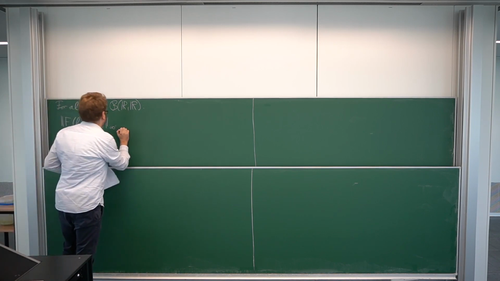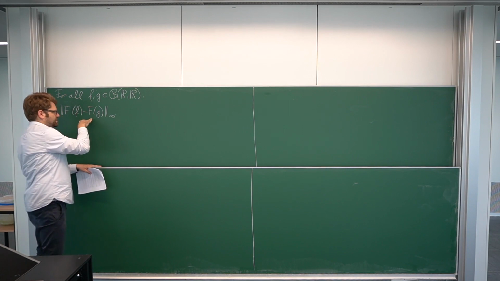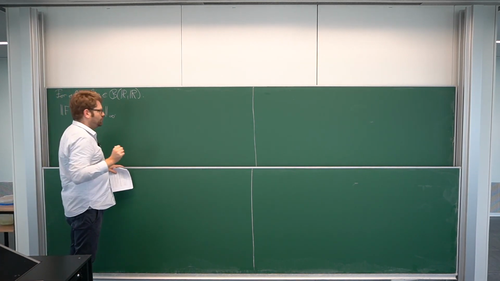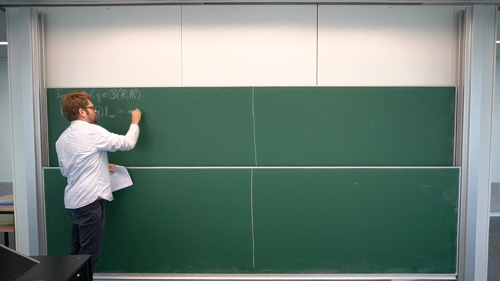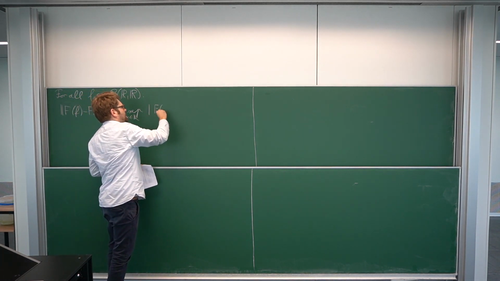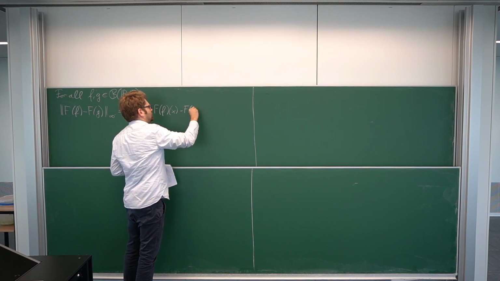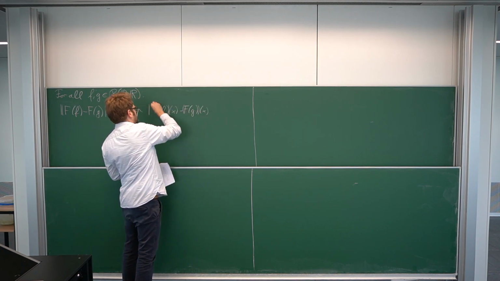By definition, we need to show that this is smaller than or equal to the norm of the difference of f and g, times a constant which is smaller than 1. So let's just compute. This is by definition the supremum over all x in R of |F(f)(x) - F(g)(x)|. Let's put in some more parentheses.